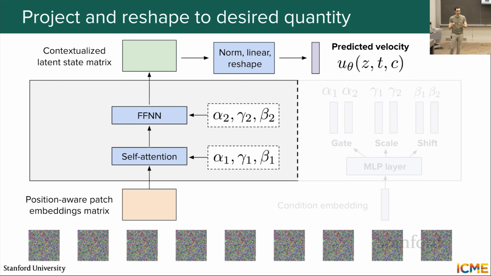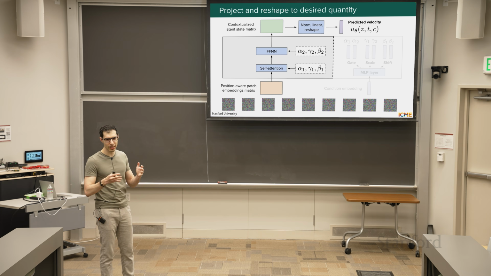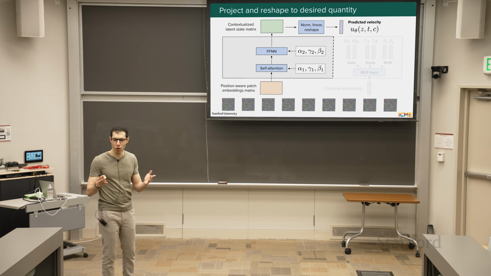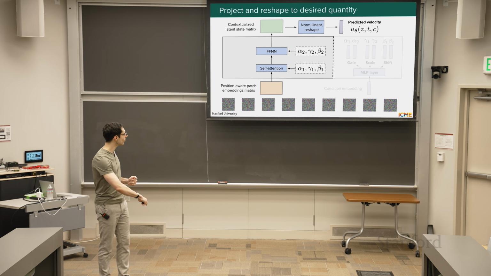In the very beginning, z is z0, t is 0, c is, well, just your class label. Just, I want an image of a teddy bear that is reading a book.